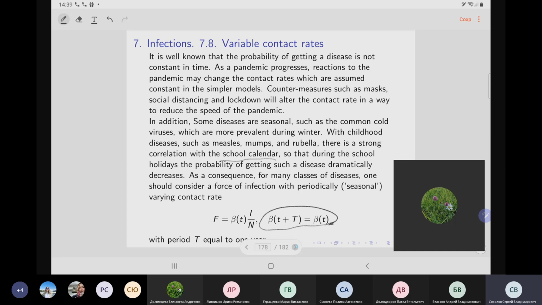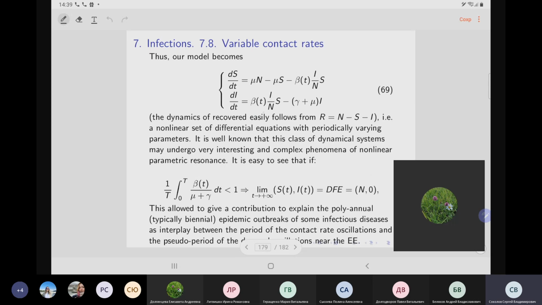So we have to consider the periodic beta. And for this case, it is our SIS model. In SIS, we can take into account the R0 in the following integrated case.